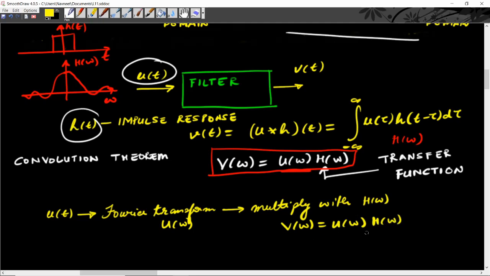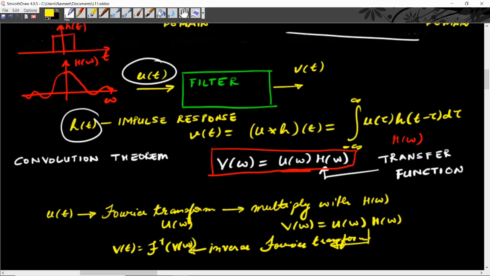And once we have the spectrum that has been modified through this multiplication with the transfer function, then we can take the inverse Fourier transform to get the output signal from v of omega.